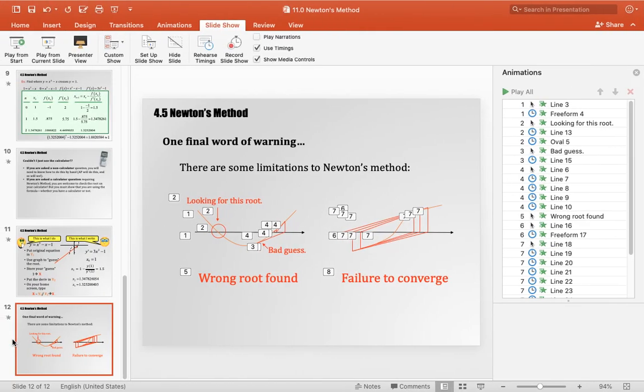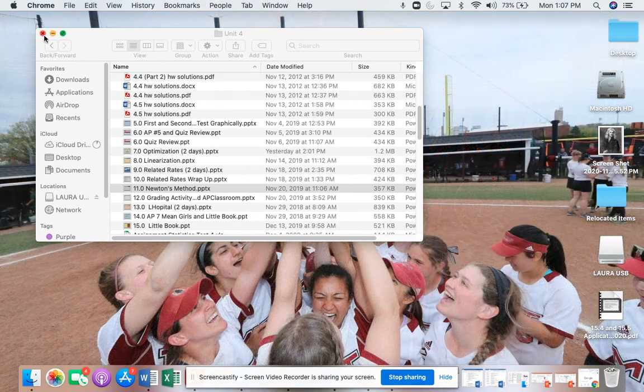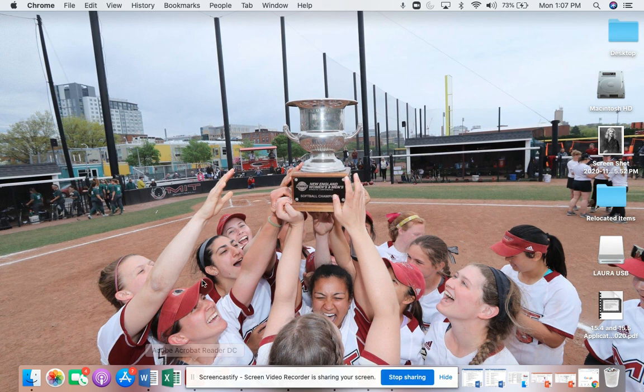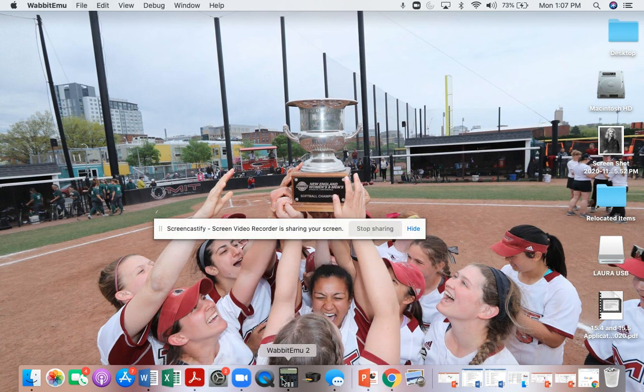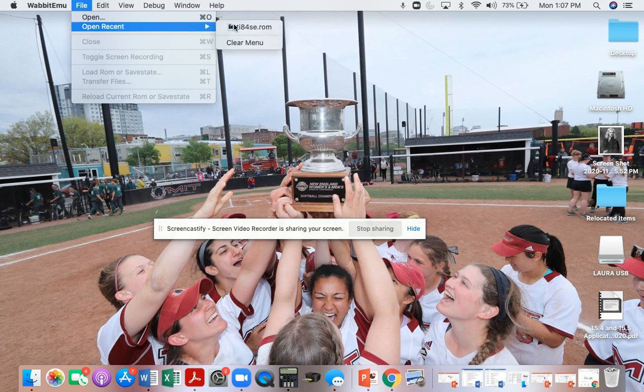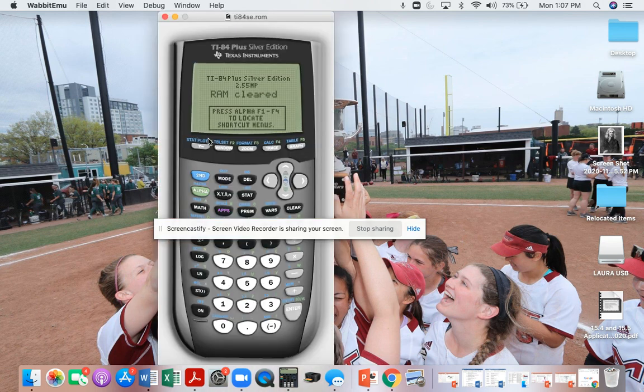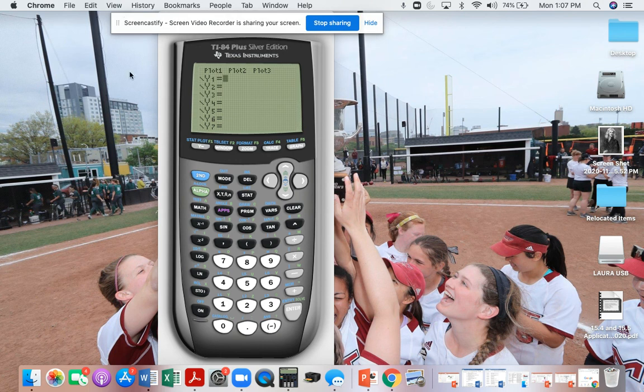All right, let me go to my calculator. So I'm going to put the function in y1, and the derivative in here.